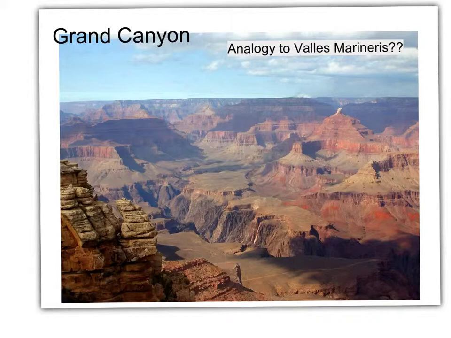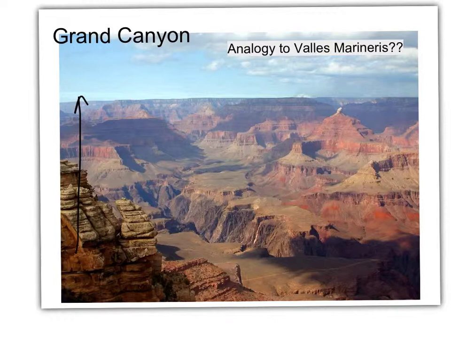But the simplest way to put the story is that there's been a process of geological uplift. So this whole landmass has been lifted up by geological forces over time. The river has continued to cut down through that landmass layer after layer after layer over the last 6 million years or so.